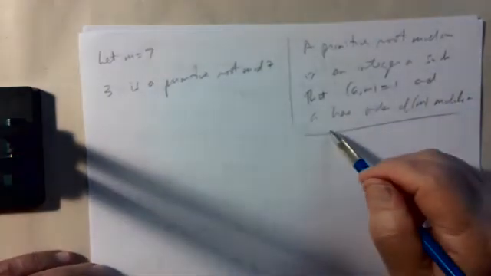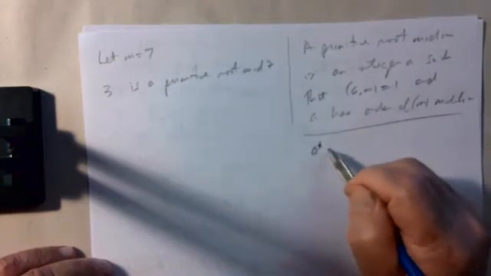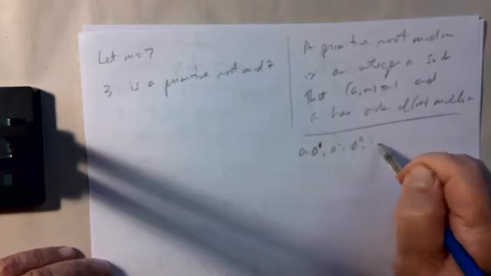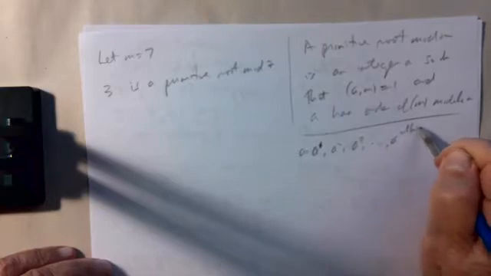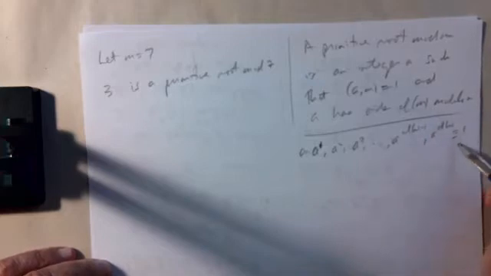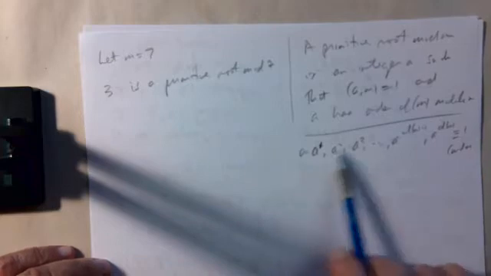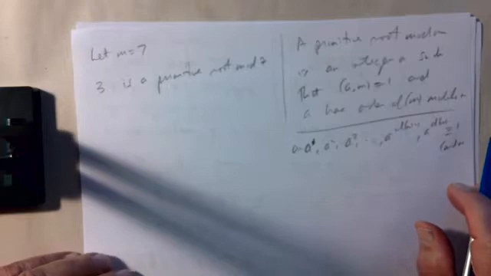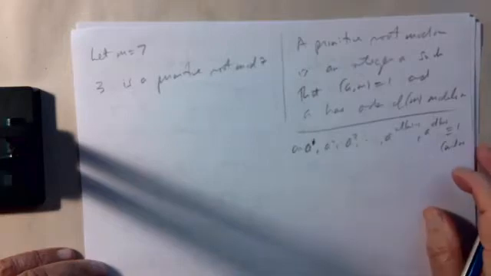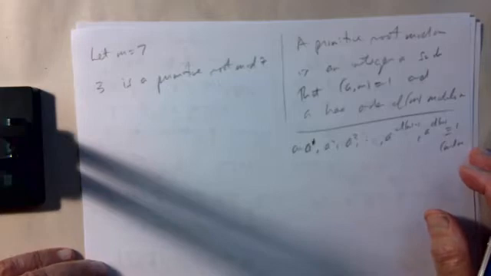That means the positive powers a to the power 1, a squared, a cubed, up to a to the phi of m minus 1 are distinct, and a to the phi of m is congruent to 1 mod m. So these phi of m positive integers are all relatively prime to m, so they represent every congruence class modulo m.